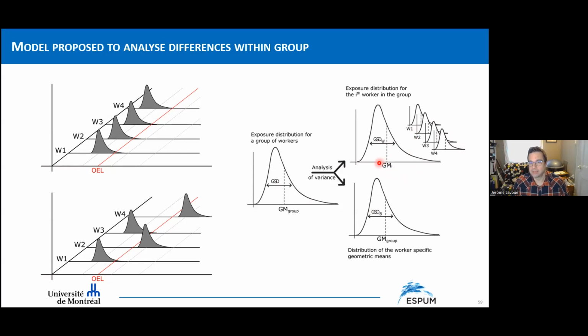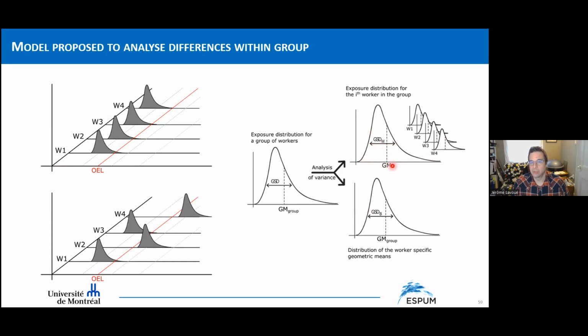Each worker has its own geometric mean, but there's no index here, because the exposure variability for each worker's exposure distribution is the same. It's constant. So it assumes that all worker distributions have the same variability, called within worker variability.